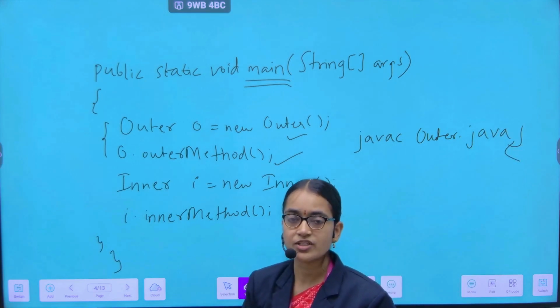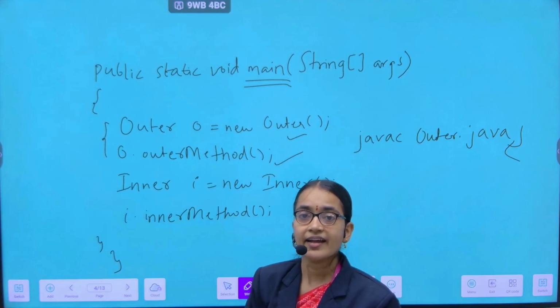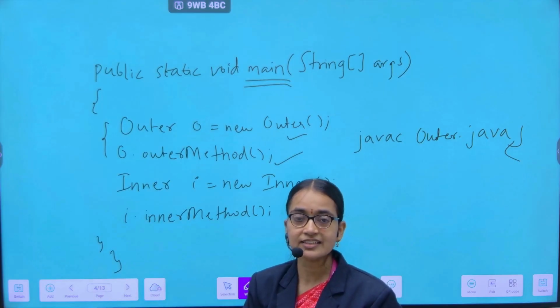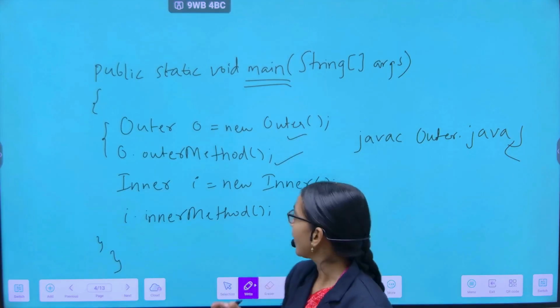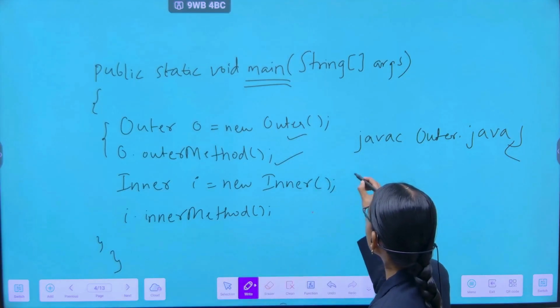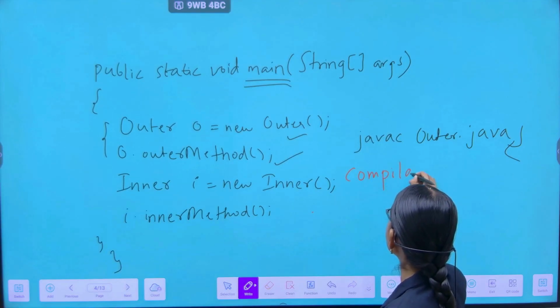After compilation, it gives you a compilation error: a non-static reference cannot be referenced from a static context. Remember, a non-static reference. So what is the compilation error generated for this case?